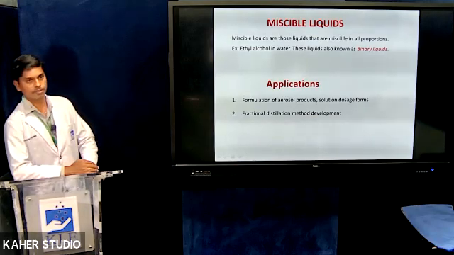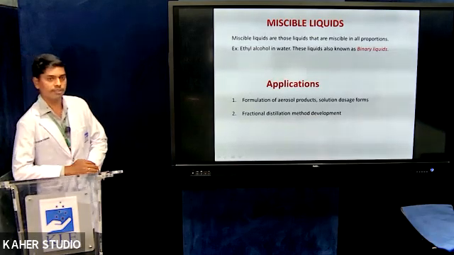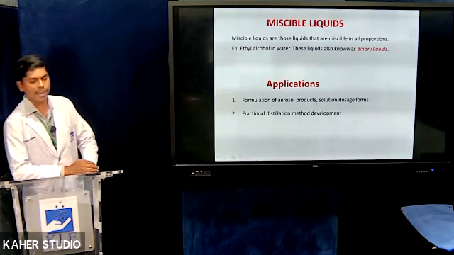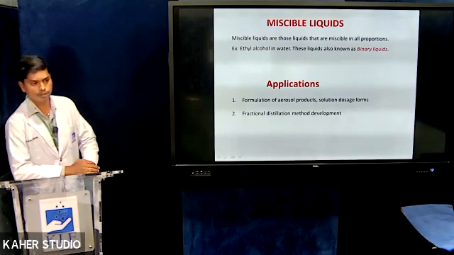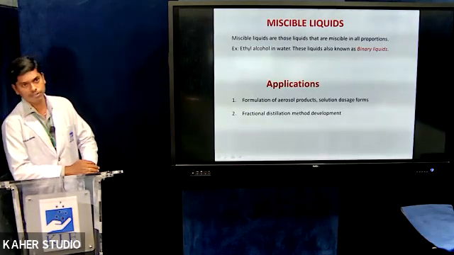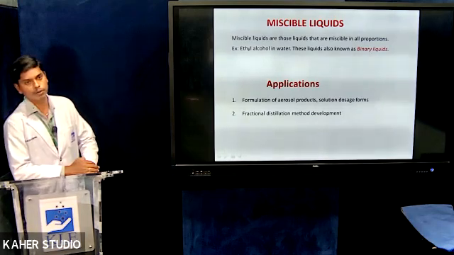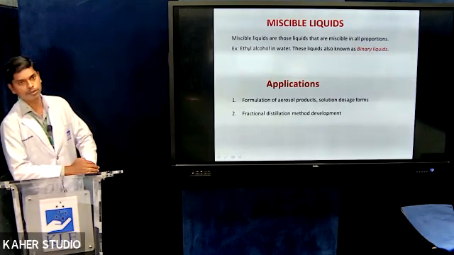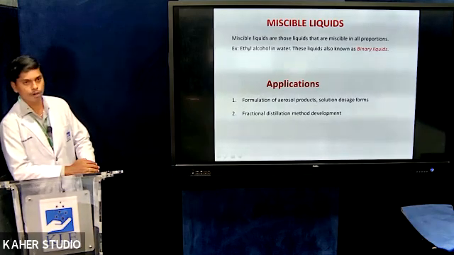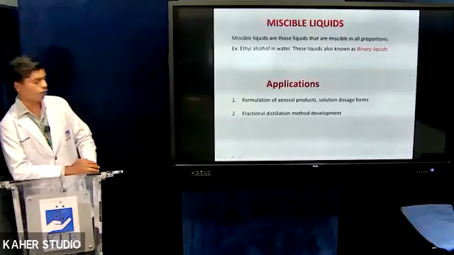Another application is in preparing extracts, which involves hydroalcoholic or ethanol preparations, a mixture of ethanol and water. In fractional distillation method development, miscible solvents and the solubility of the particular solvent take important roles.